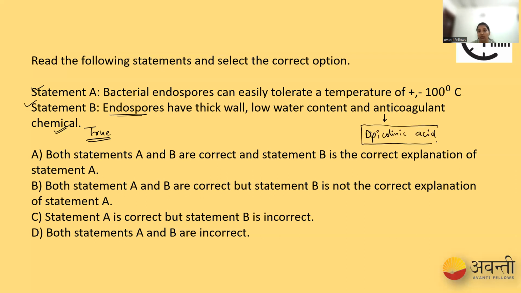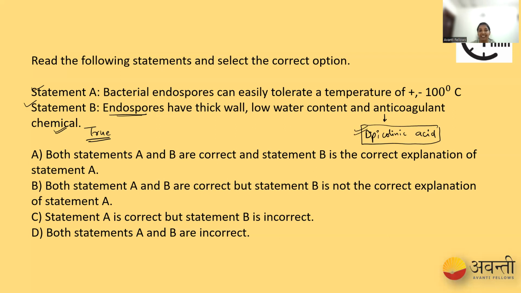This is the chemical which makes the endospore heat resistant. That means the endospore can tolerate high heat, that means it can tolerate high temperature. That means it can tolerate the temperature of plus and minus 100 degrees Celsius because of this chemical, which is dipicolinic acid.